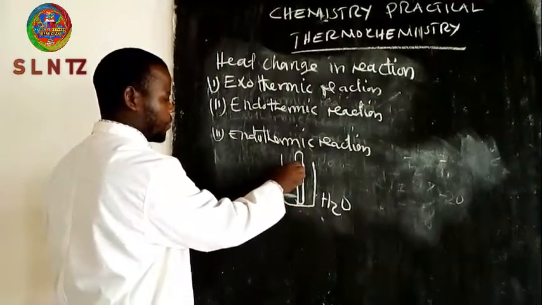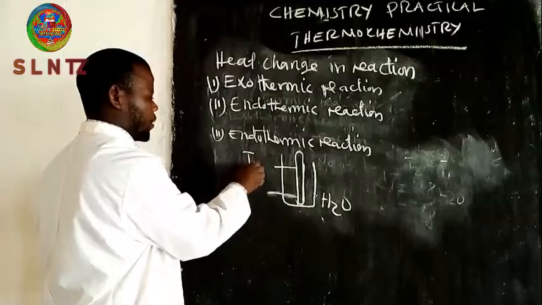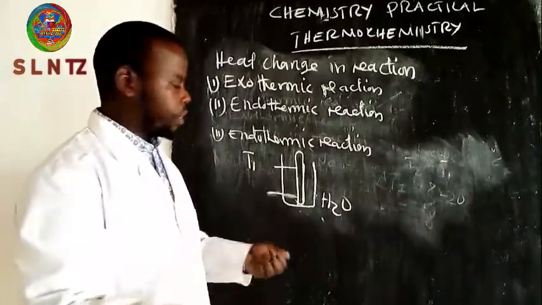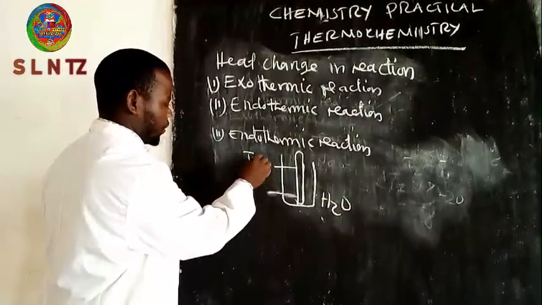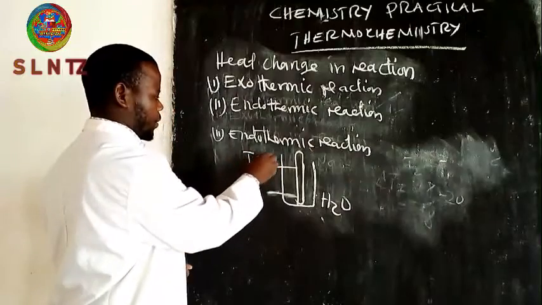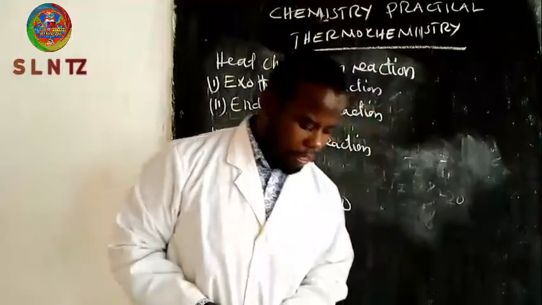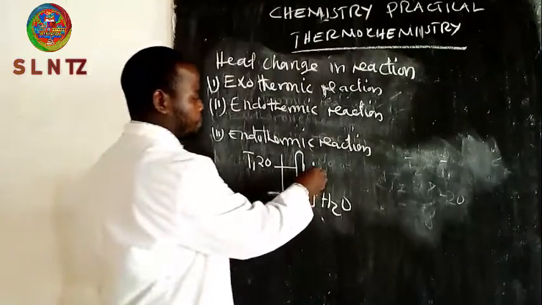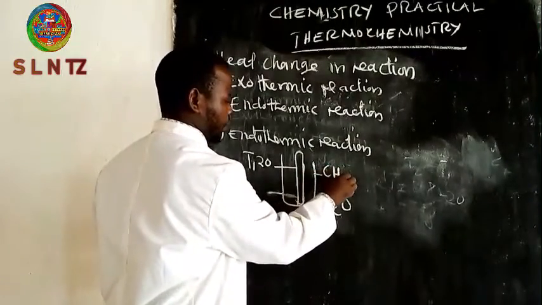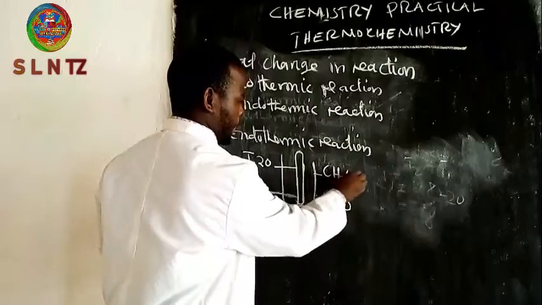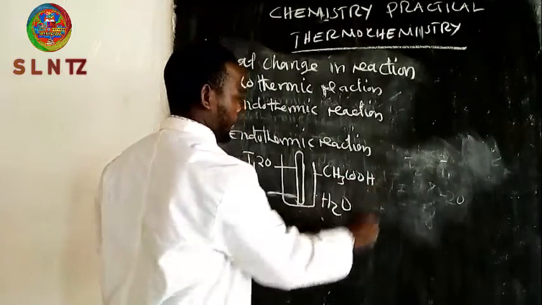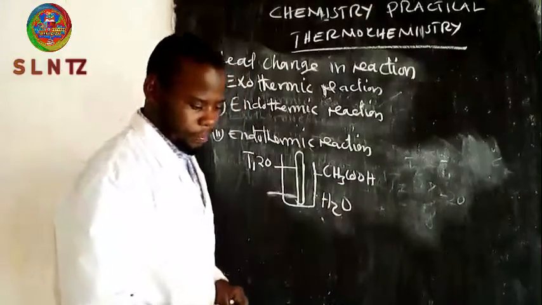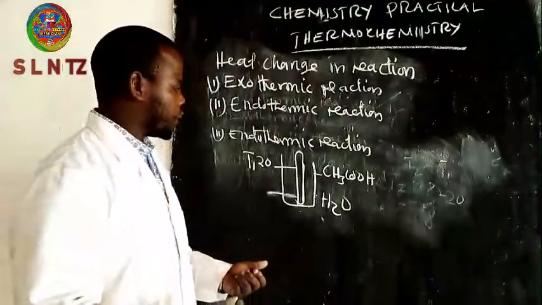The initial temperature T1 was, let's say, 20. Then you put in acetic acid. What do you expect?